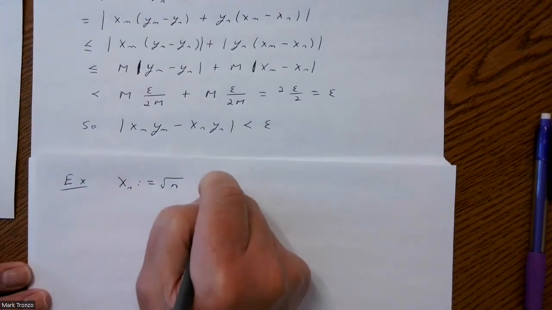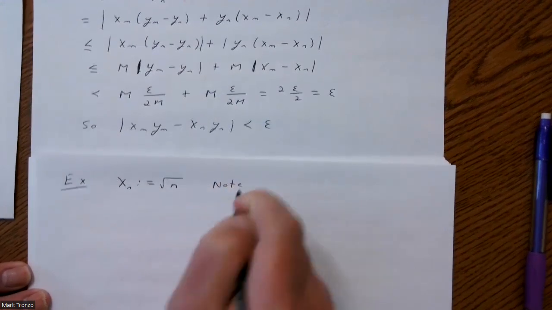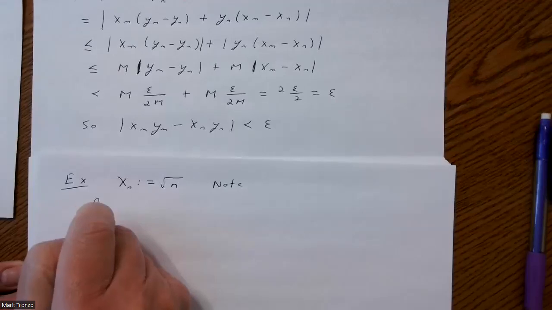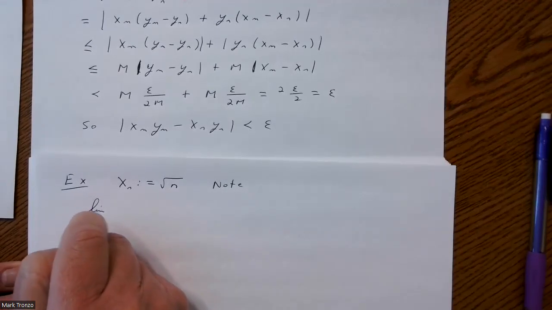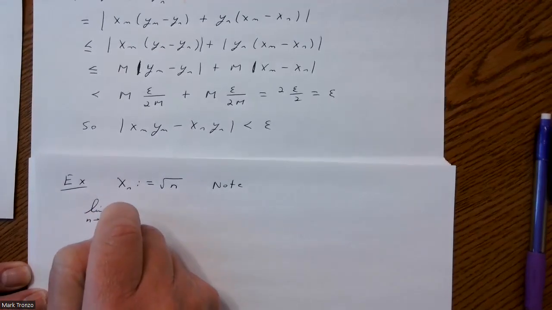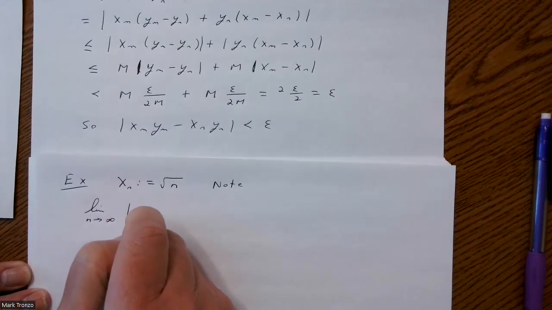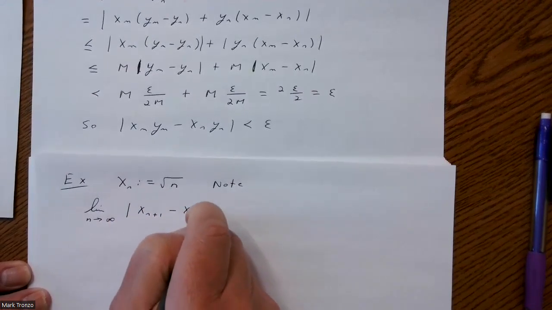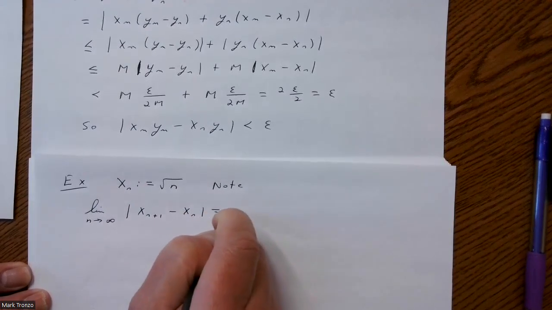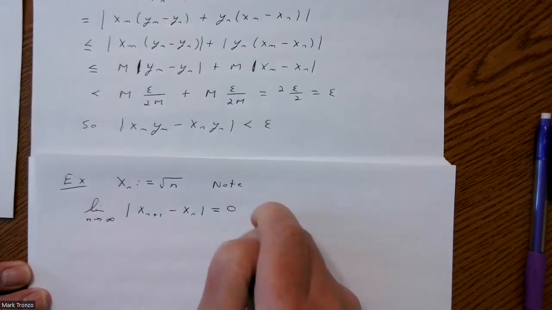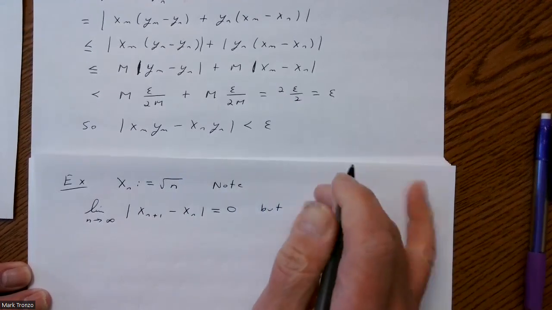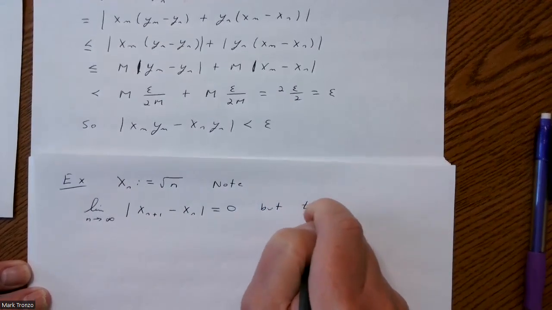And note that the limit as n goes to infinity of x_{n+1} minus x_n is 0. But the sequence is not Cauchy.